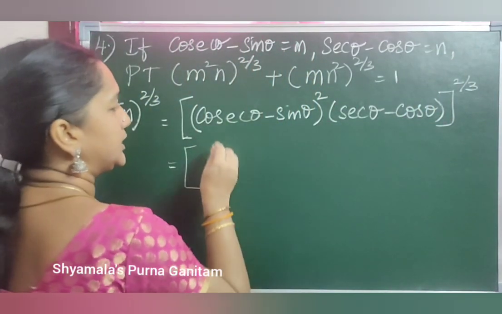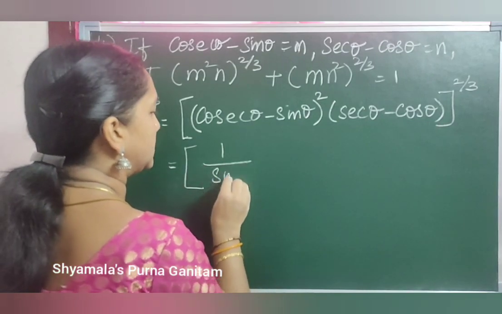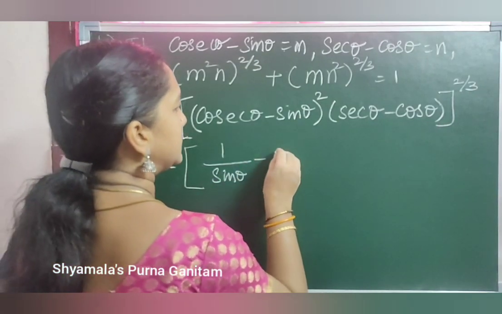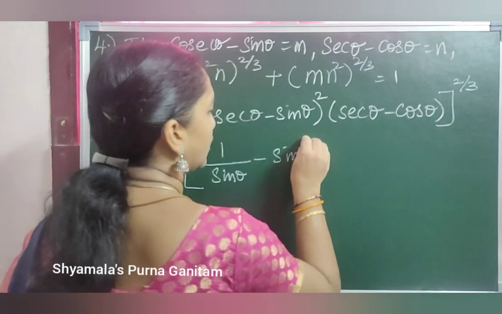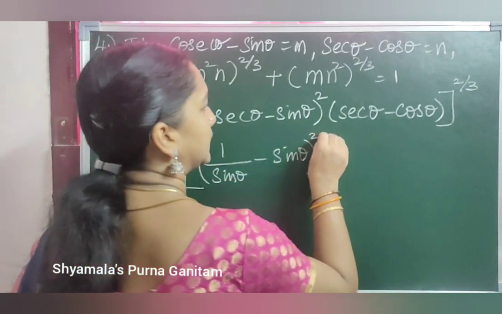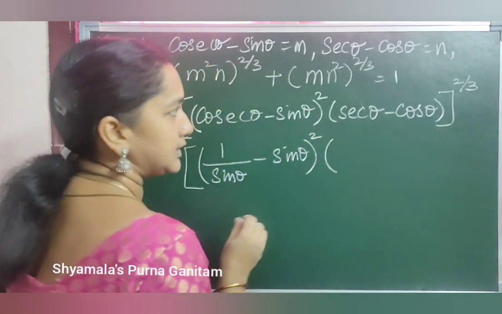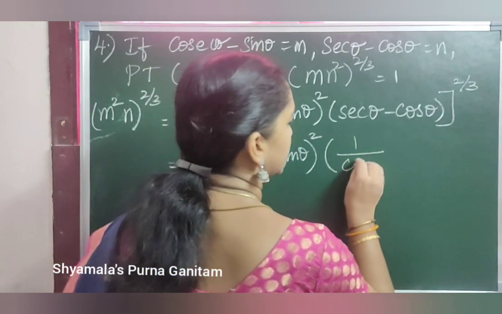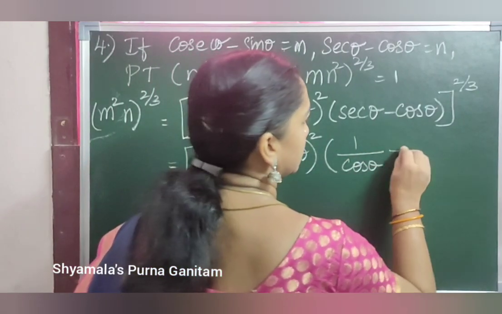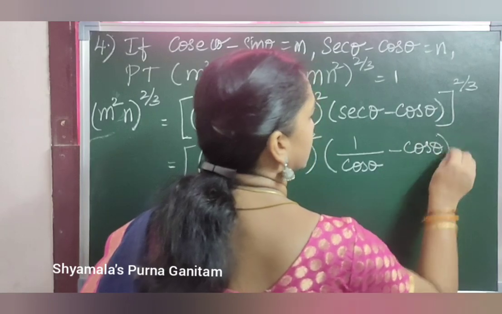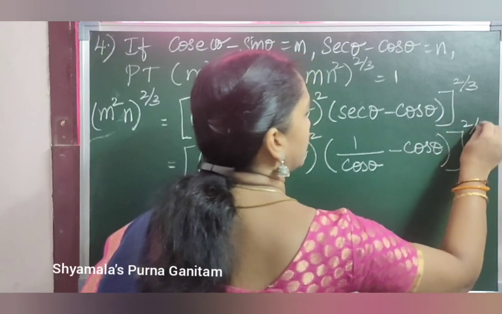So cosecant is 1 by sin theta, minus sin theta, the whole squared, into the secant, which is 1 by cos theta, minus cos theta, whole power 2 by 3.